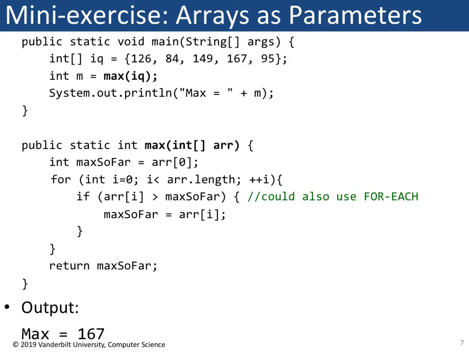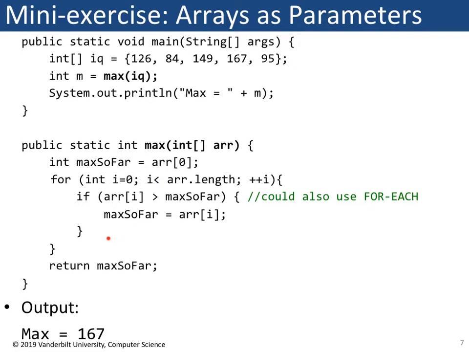And then the test inside the if statement is fairly straightforward. If element i of array is greater than our current max, maxSoFar is assigned the value stored in element i of our array.